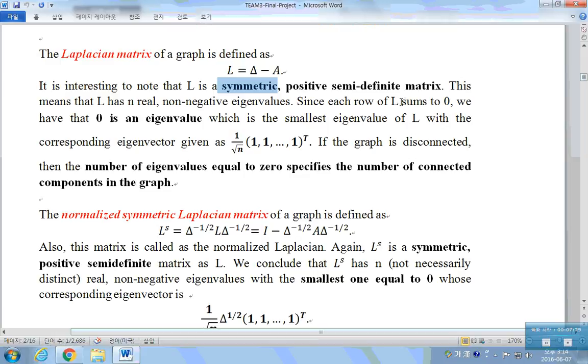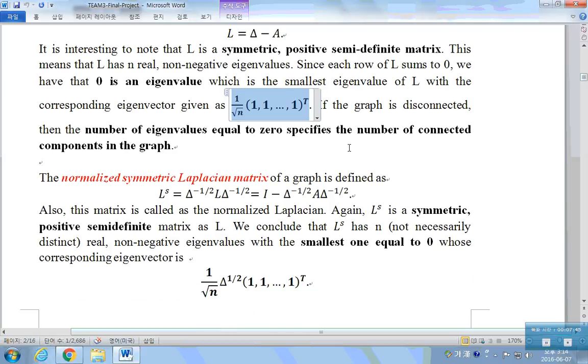Since each row of the Laplacian matrix sums to 0, we have 0 as an eigenvalue, which is the smallest eigenvalue of L, and the corresponding eigenvector is always this one. If the graph is disconnected, the number of eigenvalues equal to 0 is the number of connected components in the graph. For example, if a graph has 2 parts, then the whole graph has 2 eigenvalues equal to 0.